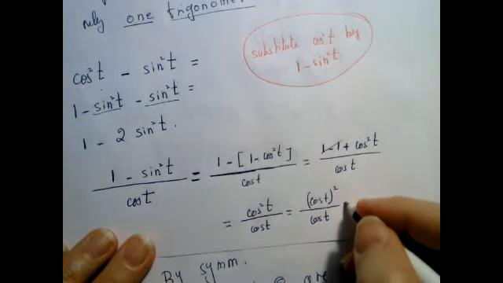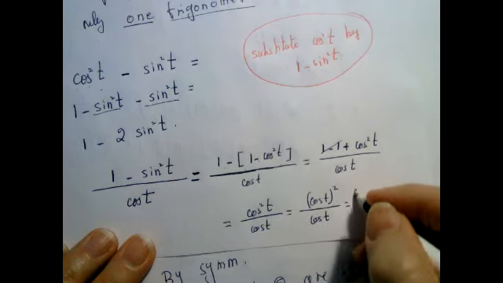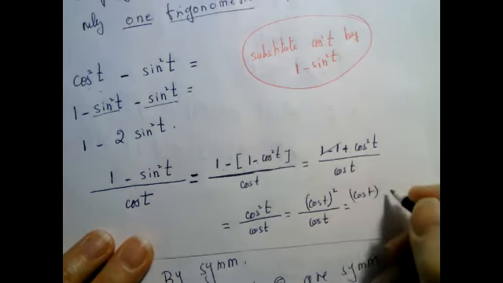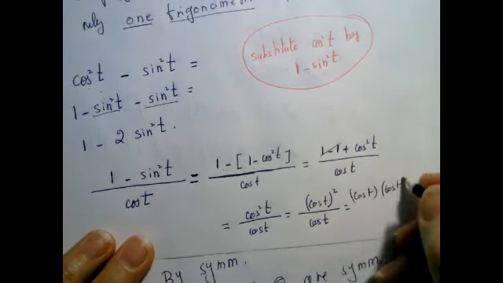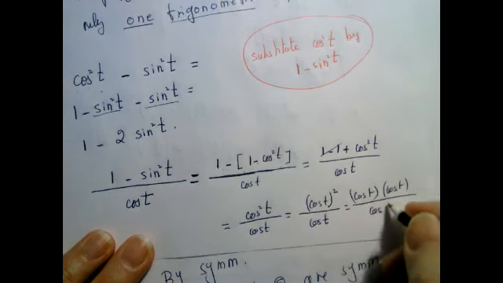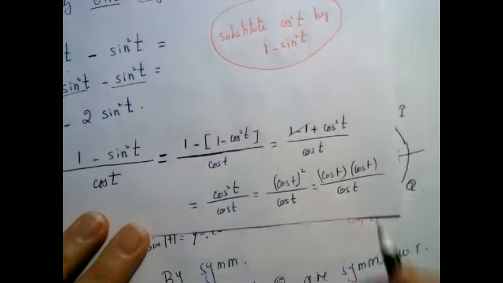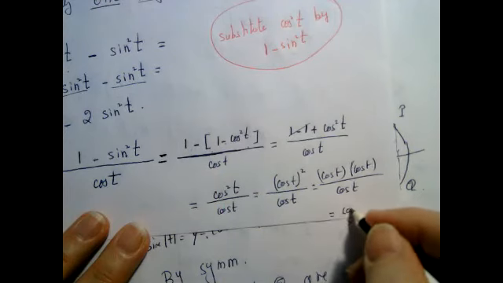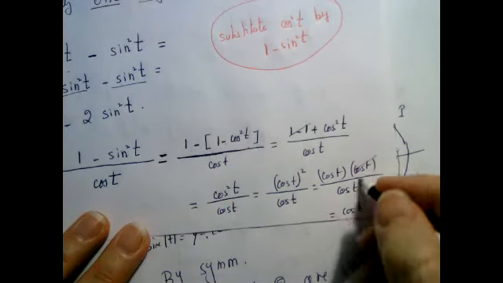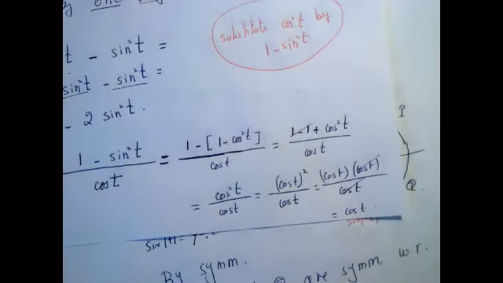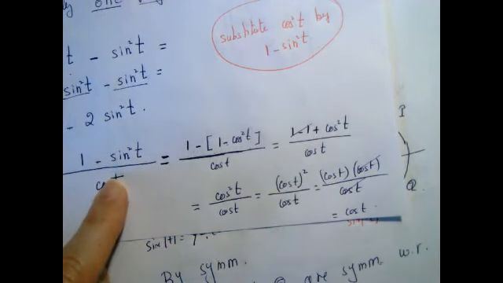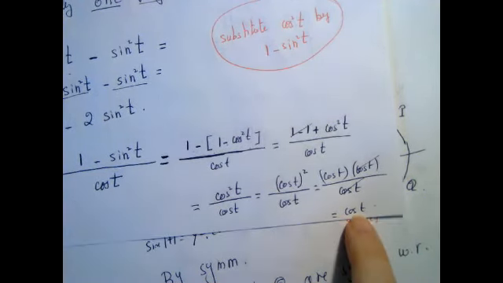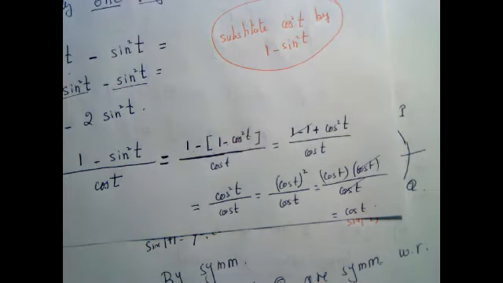So now if I simplify cosine t over the cosine of t, I am left with the cosine of t. So this seemingly complicated term is really nothing more than the cosine of t.